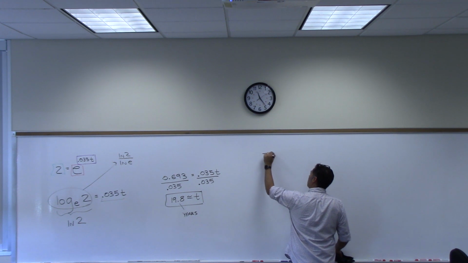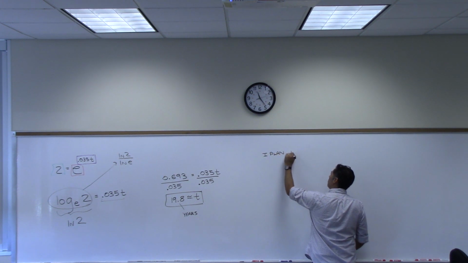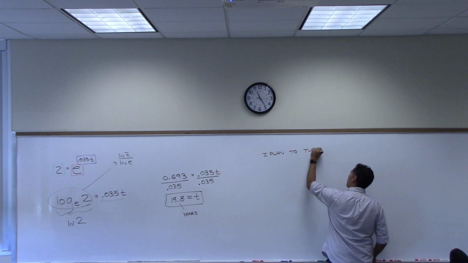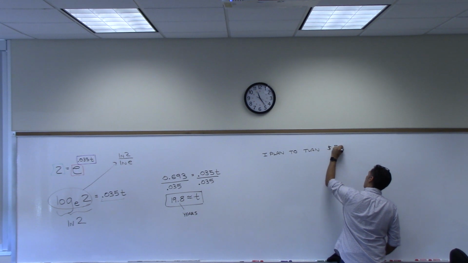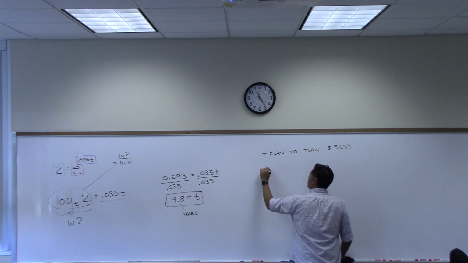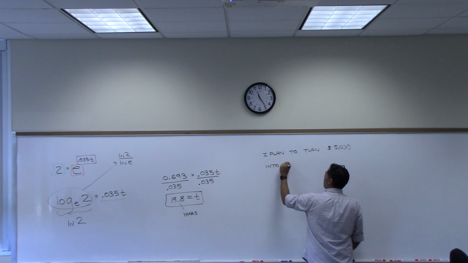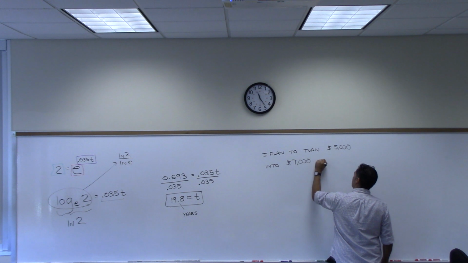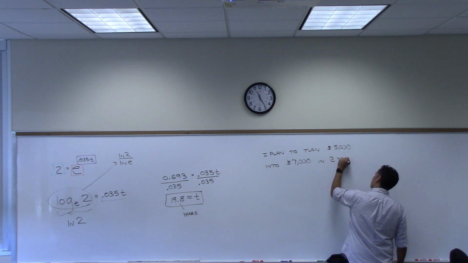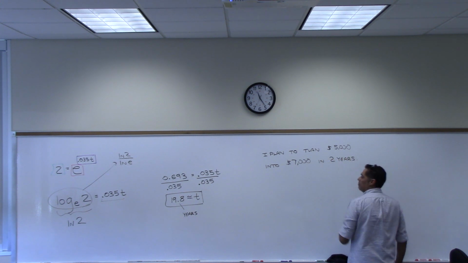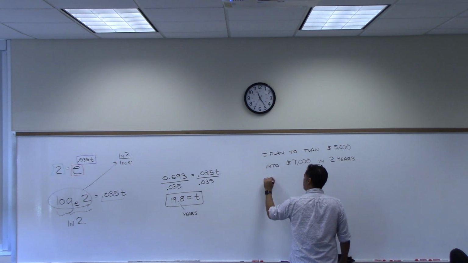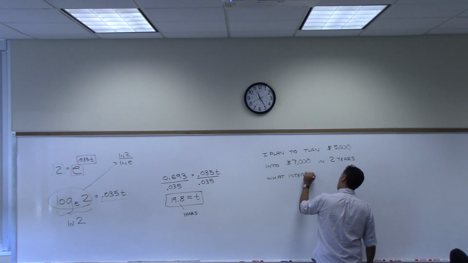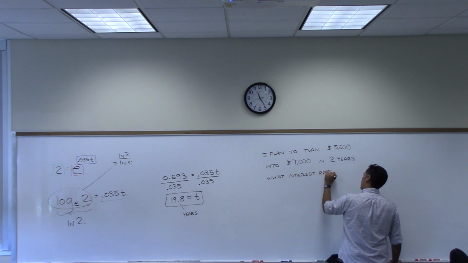I plan to turn $5,000 into $7,000 in 2 years. What interest rate will I need?